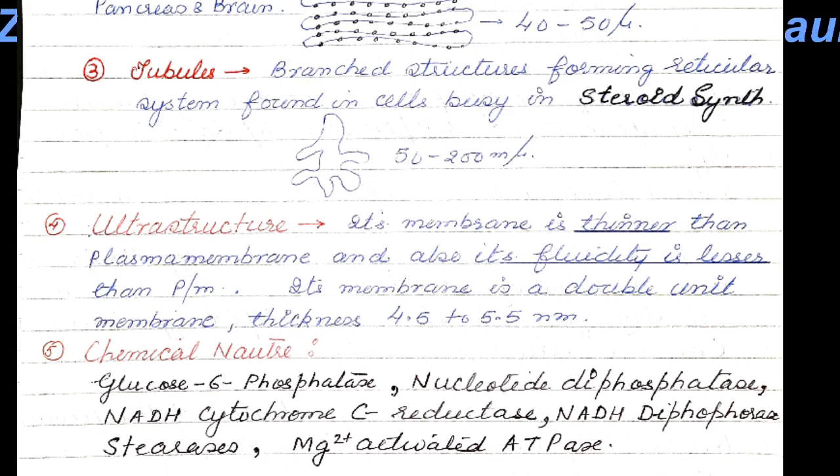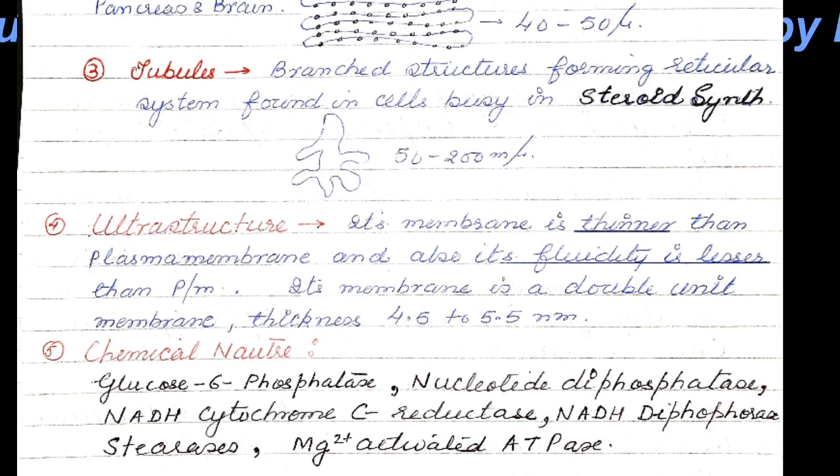It is very much similar to plasma membrane, but somewhat it is thinner, and its fluidity is lesser than that of plasma membrane. Then come to the chemical nature. You would be able to come across the following biomolecules in the membrane of endoplasmic reticulum.